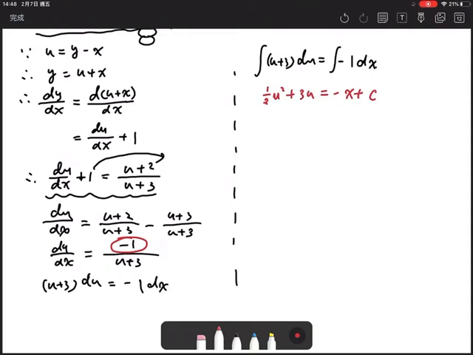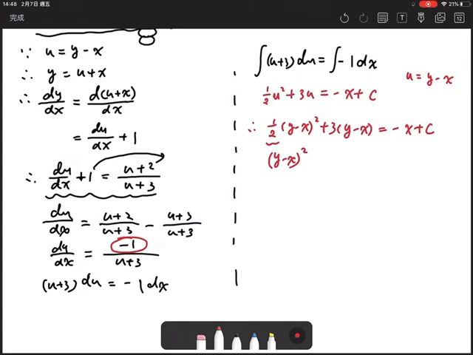And finally, we can replace u by y minus x. So we can get 1 over 2 times y minus x, bracket squared, plus 3 times y minus x equals -x plus constant c. I would like to multiply by 2 first because I don't like fractions.